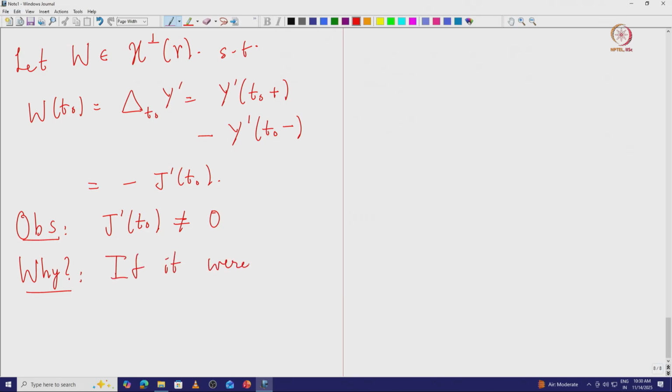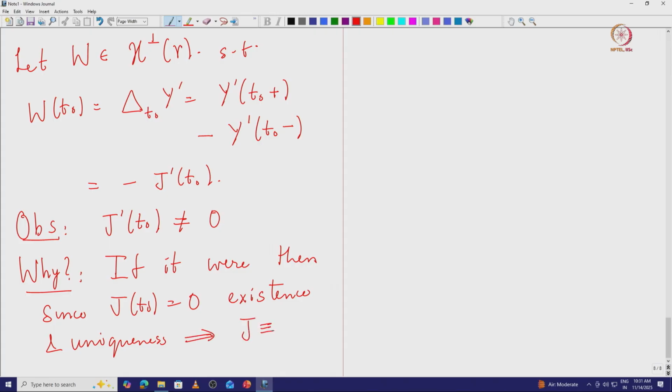If it were, then because J of t naught itself is 0, you would have J of t naught is 0 and J prime of t naught is 0, and existence and uniqueness implies that J will have to be the trivial Jacobi field. So J prime of t naught cannot be 0, which implies that W of t naught is not equal to 0.